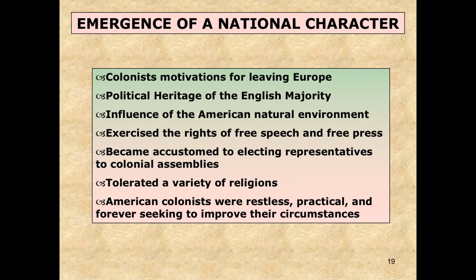So, plus here in the colonies, there is more emphasis on free speech and free press. So we don't have the government cracking down on things like that. I mean, we talked about the John Peter Zenger case last time, and how the colonial courts down here had said, hey, he didn't commit seditious libel.